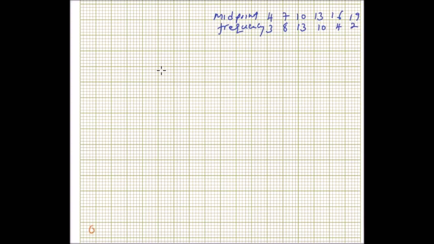So I'll start here. On the vertical scale, I'll have 1, 2, 3, 4, 5, 6, 7, 8, 9, 10, 11, 12, 13, and that is 14. So this is my frequency.